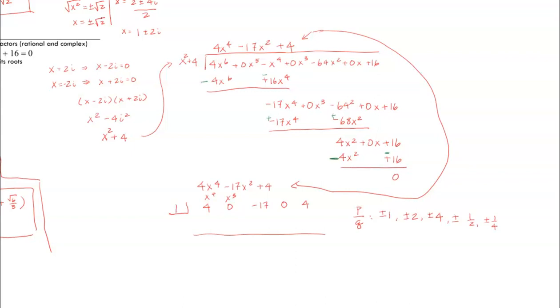And then let's go ahead and try a 1, 4, 4, 0. What am I doing? It's a 4. 4, 4, negative 17 minus 4 is 13. That's not going to work. Let's try a negative 1.